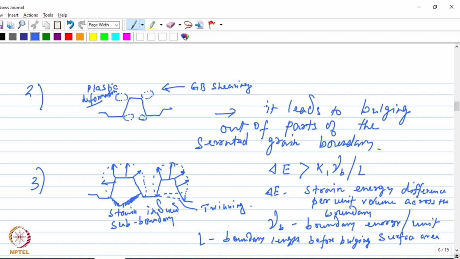And K1 is a parameter whose value is typically less than 1 under DDRX conditions.